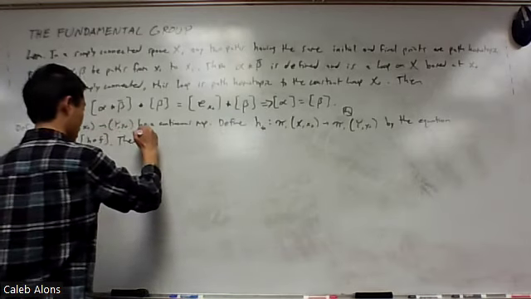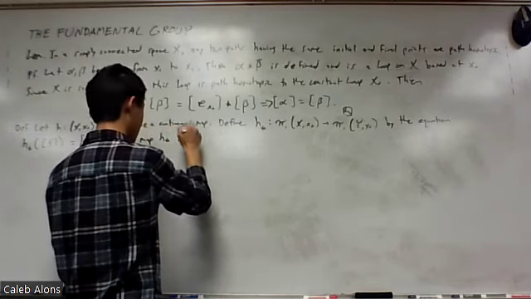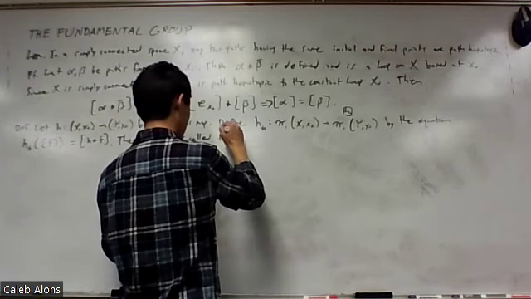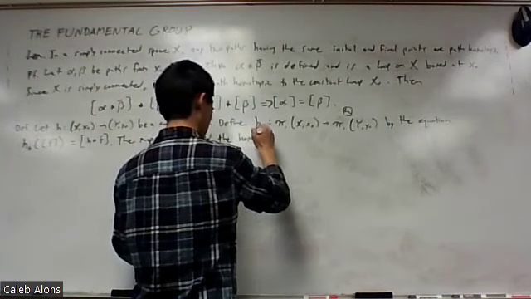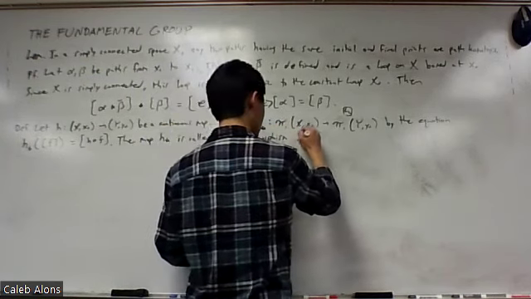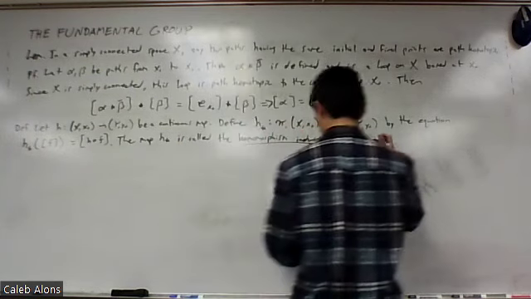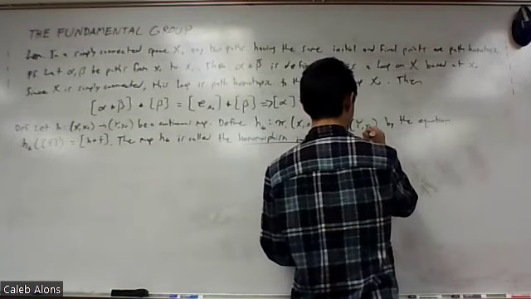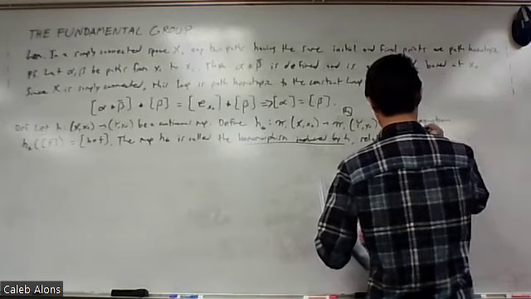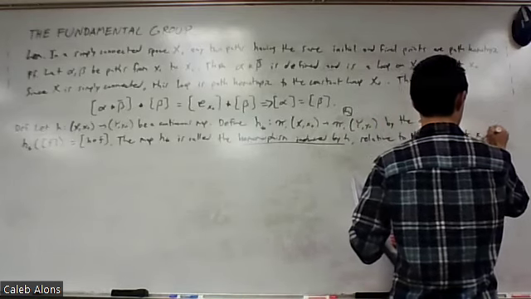So then this map, h star, is called the homomorphism induced by h relative to the base point x naught.